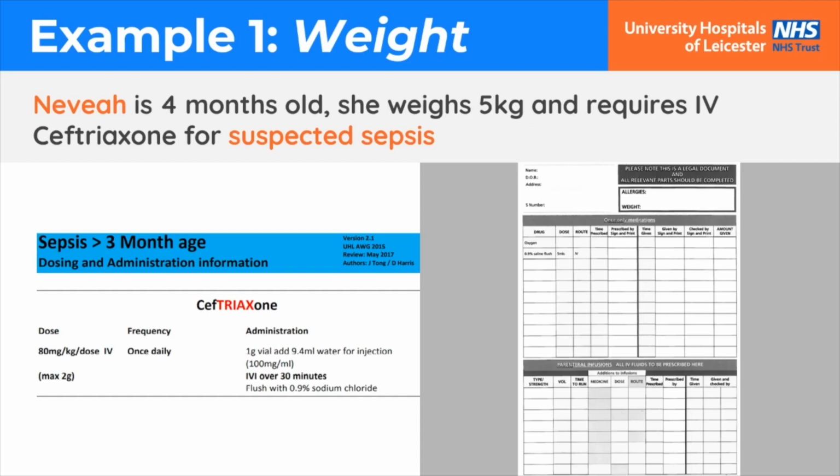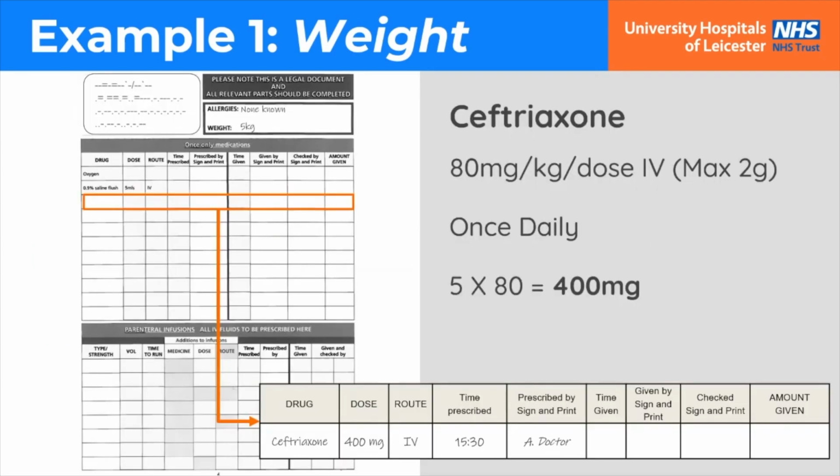So in this case, we're looking for ceftriaxone at 80 milligrams per kilogram per dose once daily. The patient weighs 5 kilos, so that's going to give a dose of 400 milligrams and a prescription that would look something like this.